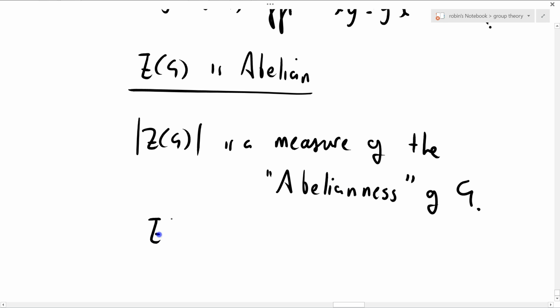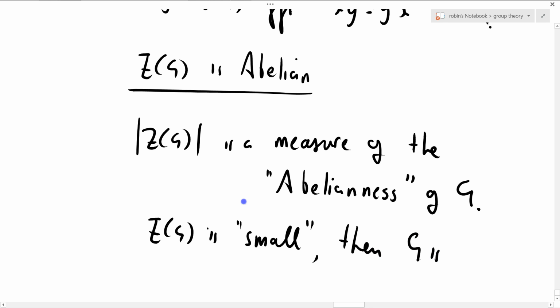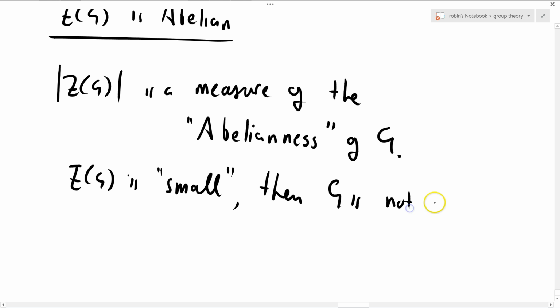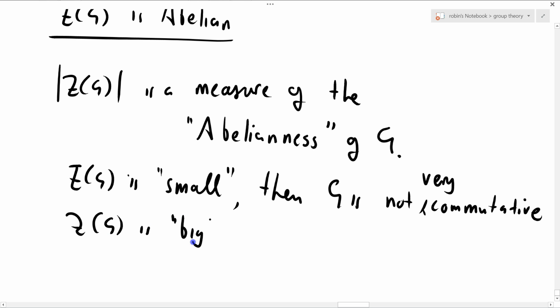In the sense that if Z of G is small, then G is not commutative, or not very commutative. And if Z of G is big, then G is quite commutative.